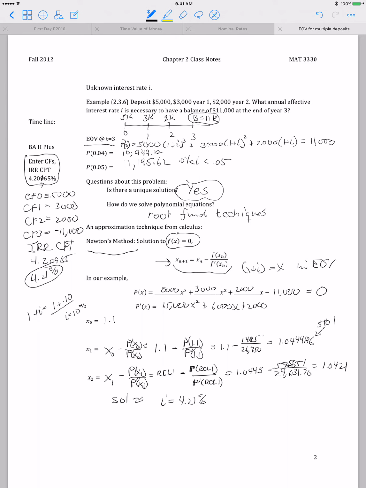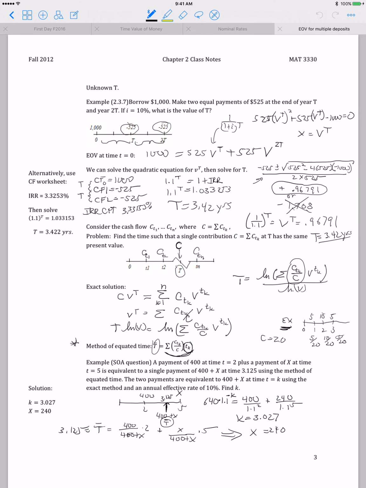And we also have seen an example using Newton's method, an iterative method, for approximating the roots of these polynomial equations that come from the equation of value at time 0. So we're probably not going to utilize Newton's method a lot since we have the technology, but this is something for you to be familiar with.